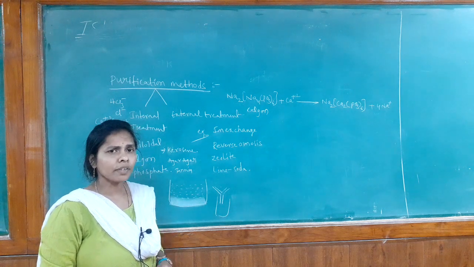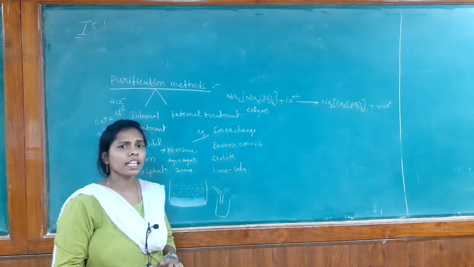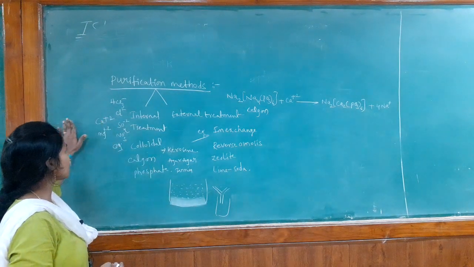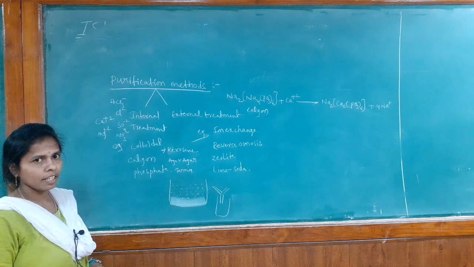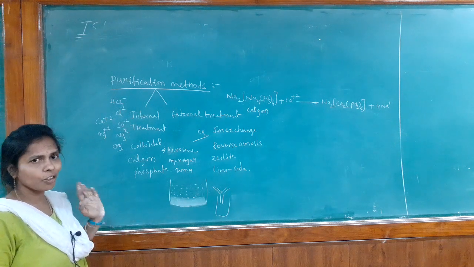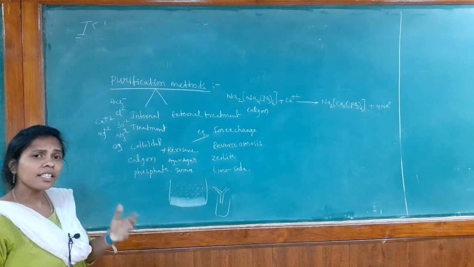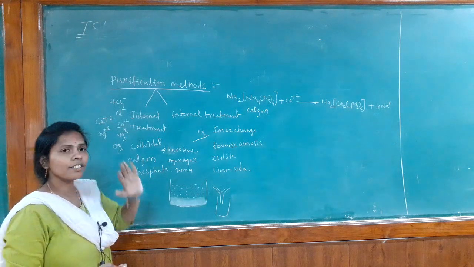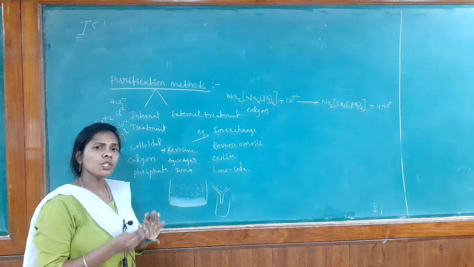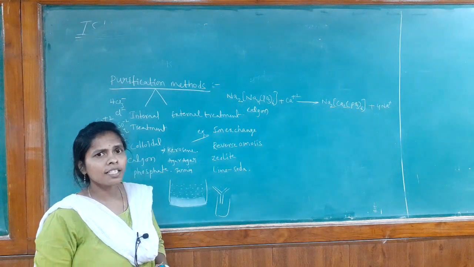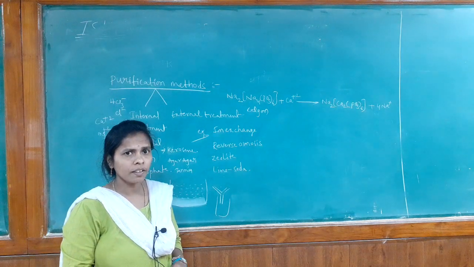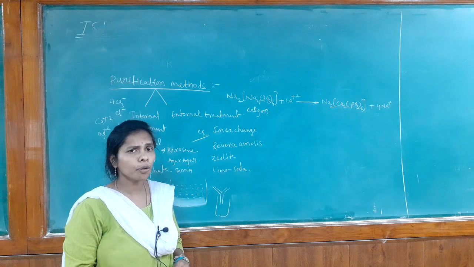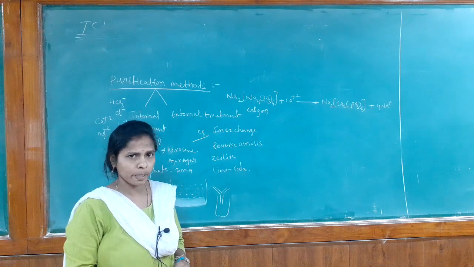So what is the use of cation exchange resin? Cation exchange resin is exchanging cations in the water sample. That means it is removing cations in the water sample. Whereas anion exchange resin is removing all the anions in the water sample. So if we remove all the cations and anions in the water sample, we will get highly purified water in the ion exchange method.